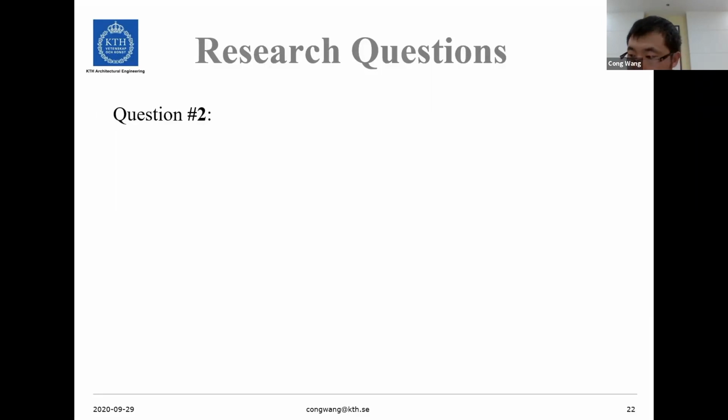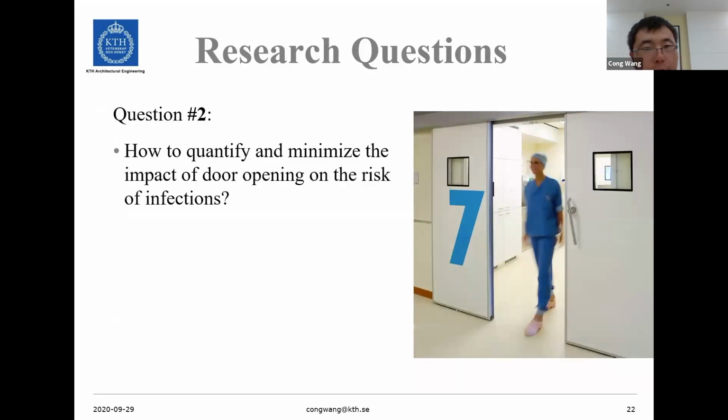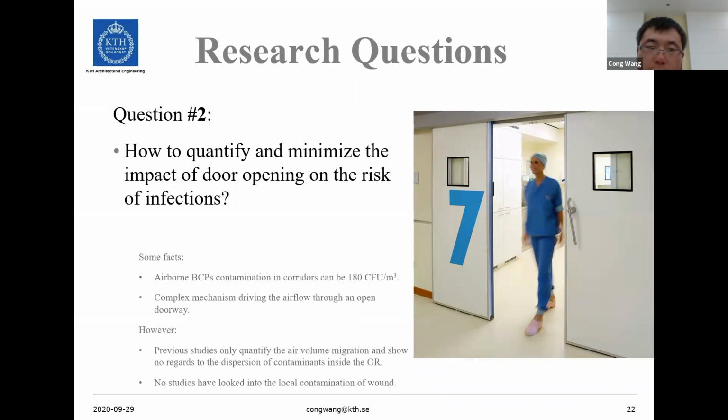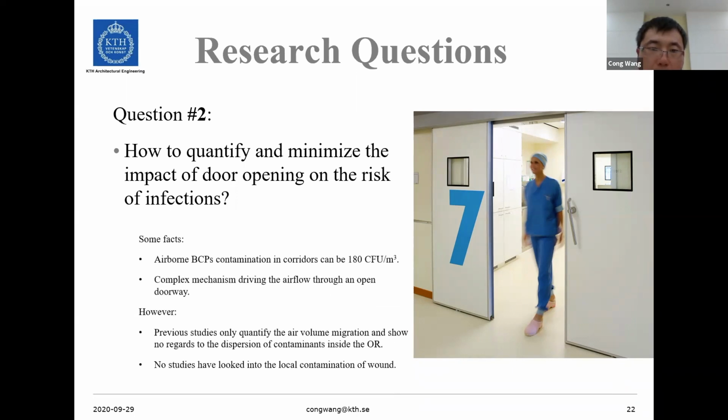Question number 2: how to quantify and minimize the impact of door opening and the risk of infection? Why we need to investigate this problem is based on the following facts. The airborne contamination in the adjacent corridor can be as high as 180 CFU per cubic meter.